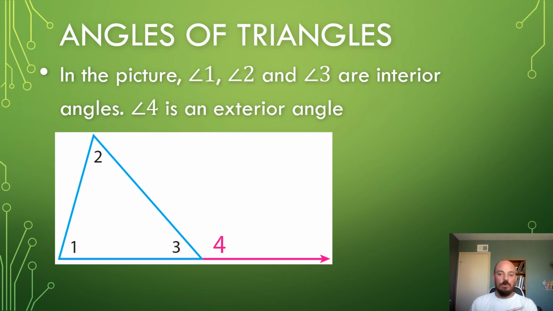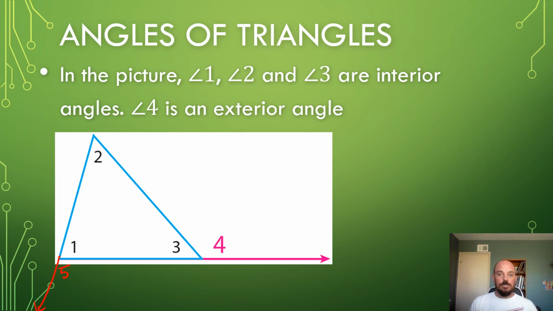Now I did it right there, but you can do it anywhere. I could have taken this side right here and extended it this way and called this angle 5. That's now an exterior angle too. So if you extend any one of the sides of a triangle, it creates an exterior angle.